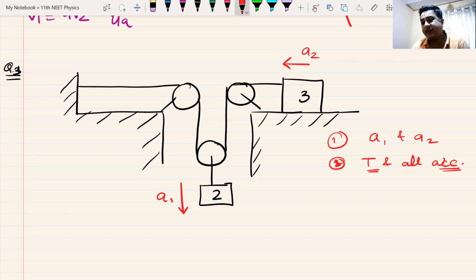Did you get the relation between a1 and a2? Abhiram, did you get any answer for a1 and a2?